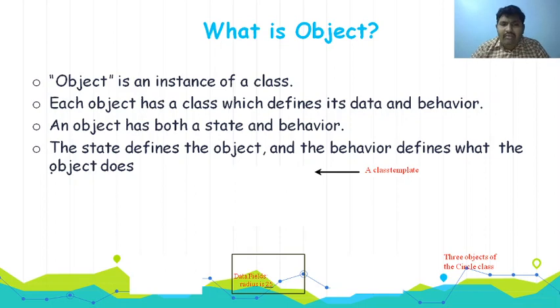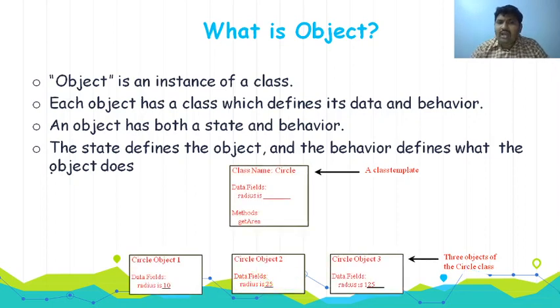Every object has both state and behavior. The state defines the object, and the behavior defines what the object does. What the particular object is, is given by the state, and the behavior specifies what the particular object will do.